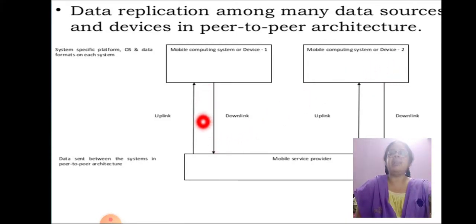Their uplink and downlink are performed in both the devices or both the systems. It is system specific platform, OS and data format of each system. Data is sent between the systems in peer-to-peer architecture. And this is the mobile service provider, which helps in providing uplink and downlink for both the mobile computing systems.